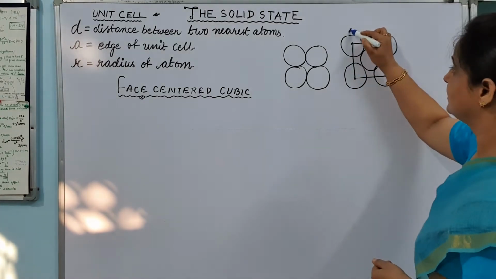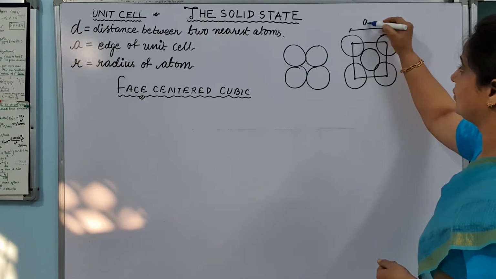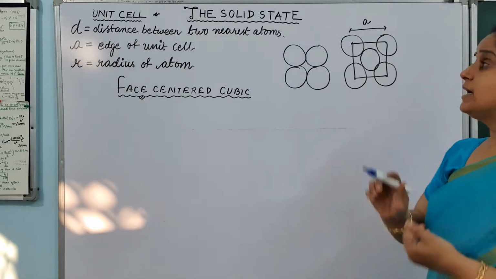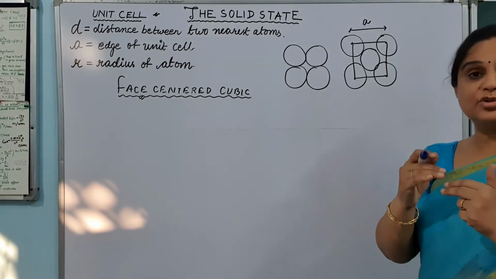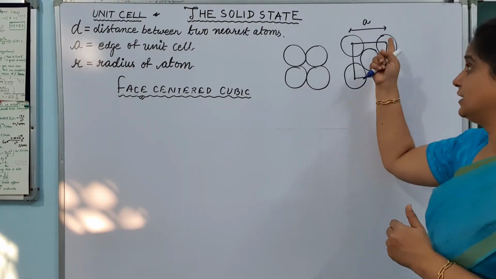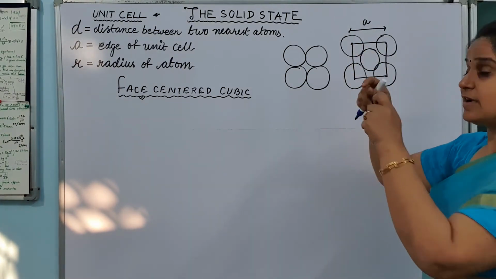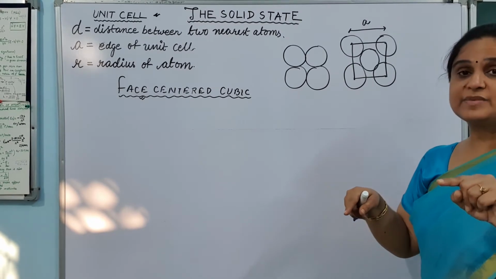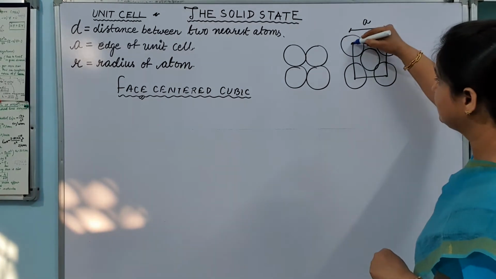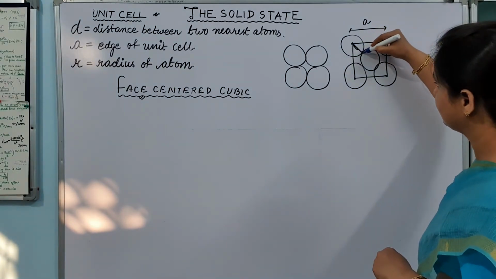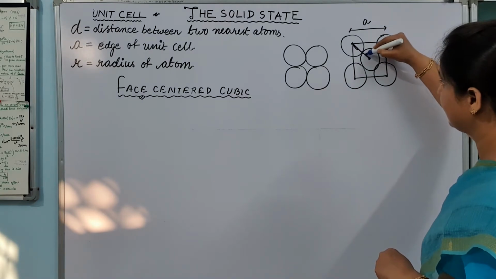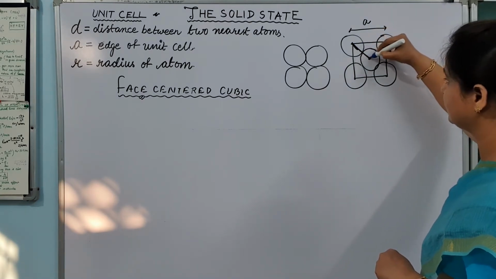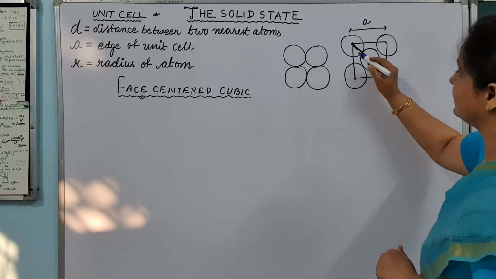Okay, can you see? This is now the edge of the cell A, and the distance between the two nearest atoms. They are not nearest now because they are far from each other, but which atoms are very near to each other? These are two atoms. Can you see? This center atom and this atom, these two are the nearest atoms. So what is D in this case?